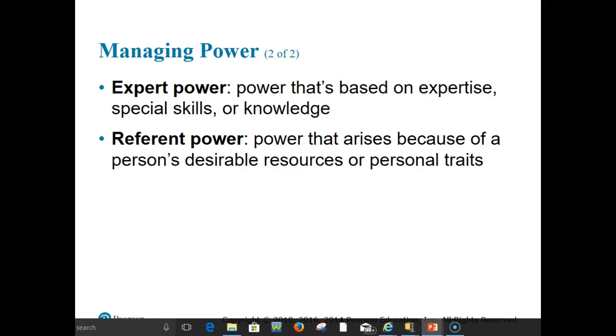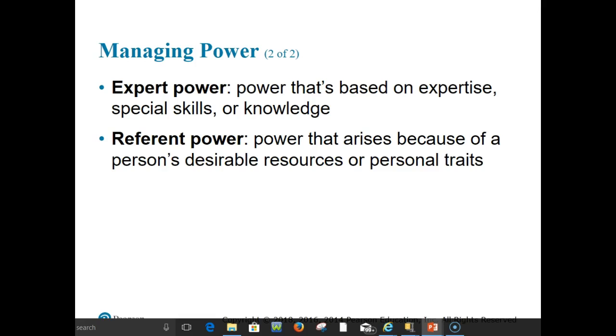Next is expert power, and that is power based on expertise. Like I said, many people will follow people based on how well they do their job, how knowledgeable they are about very, very important topics. So expert power is the power based on expertise, special skills, or knowledge. Now, if an employee has skills, knowledge, or expertise that's critical to a work group, that person's expert power is enhanced.